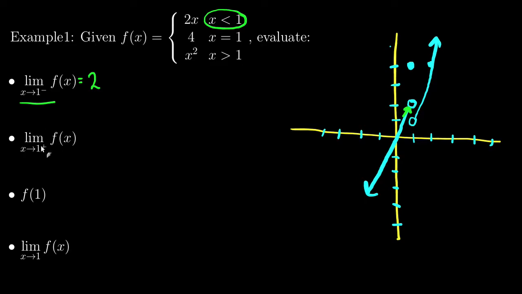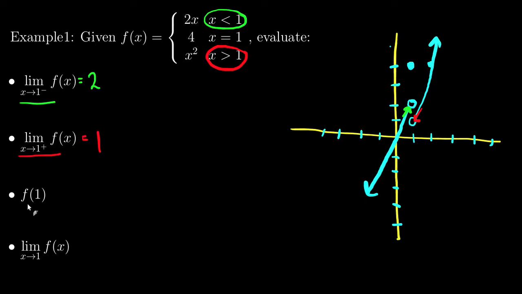From the right side, I'm going to be on this portion because to the right of 1, x is greater than 1. And so as I follow x squared approaching x equals 1, the output y value is also 1. So this limit is 1. Notice for neither of these limits do I care what happened at 1. It's just approaching 1.